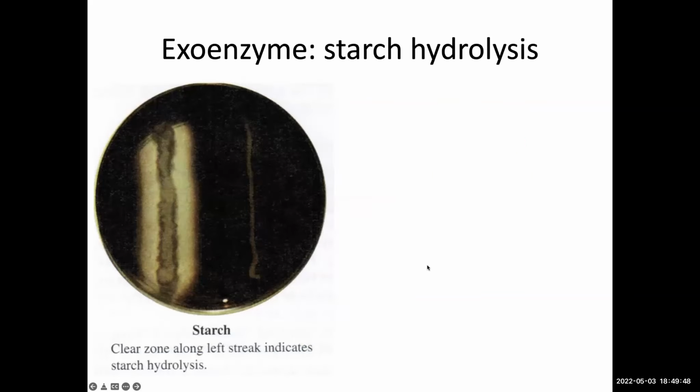Here is the starch plate. Starch plates have starch in them. Both these organisms have grown. After they grew, you were able to determine whether or not the exoenzyme that digests starch was secreted into the environment by adding iodine, which binds to starch and turns it black. So which of these has the exoenzyme to digest starch, left or right?